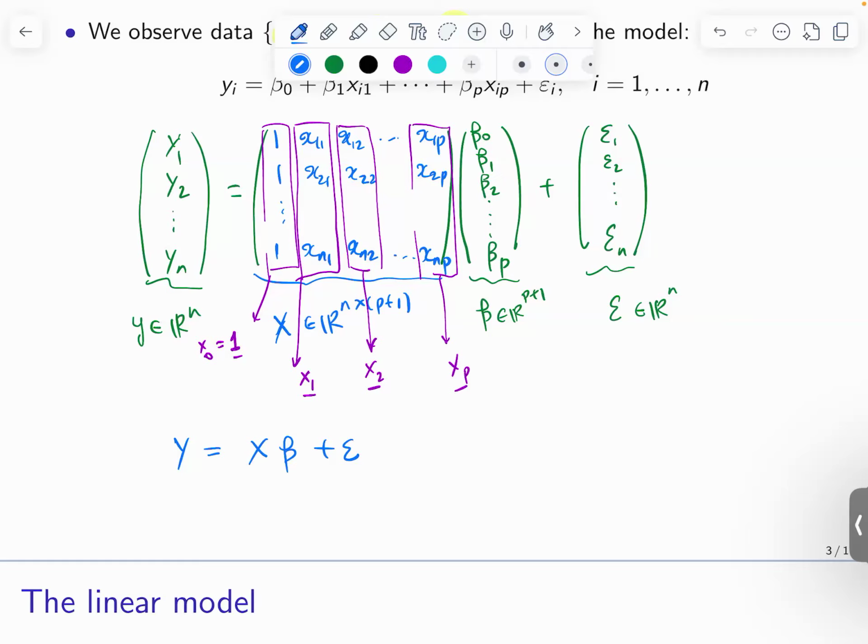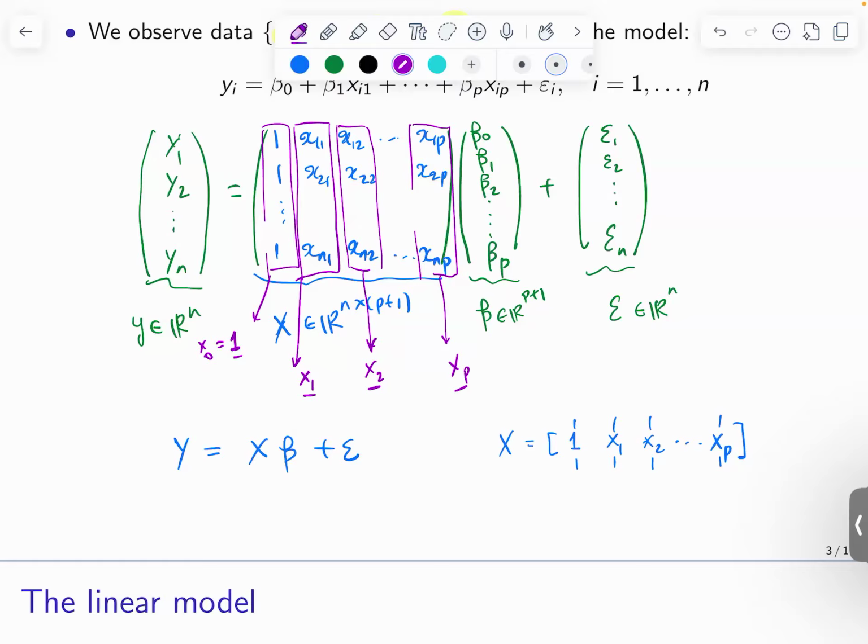So this is the form that you usually work with, the compact linear algebra or matrix form of the linear regression or linear model. And then X is the 1, and then x1, x2, and so on. This is the column expansion, as I mentioned, which is very useful for us.